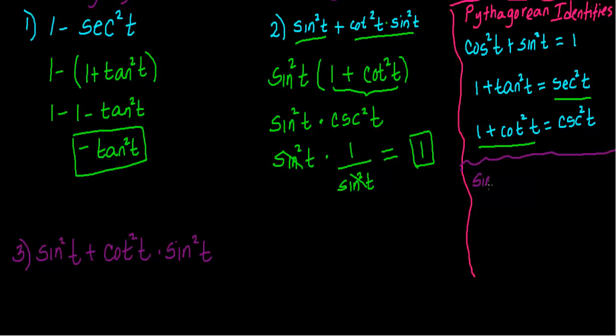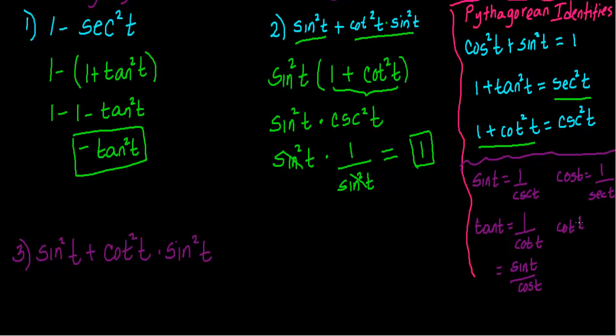Sine of t is 1 over cosecant of t. Cosine of t is 1 over secant t. Tangent of t is 1 over cotangent of t, and it is also equal to sine of t over cosine of t.